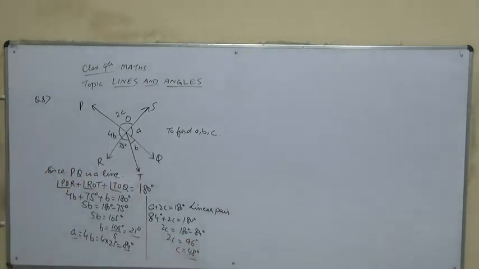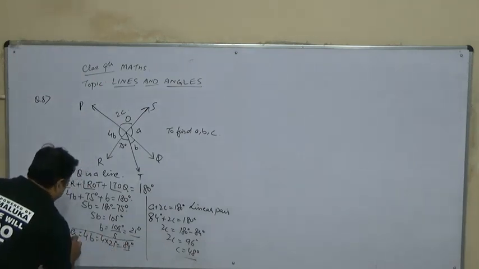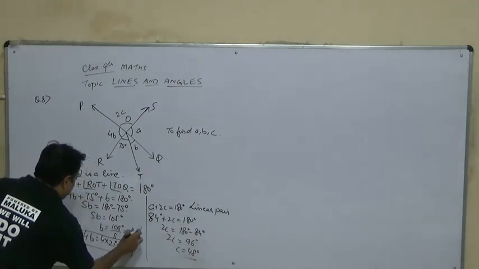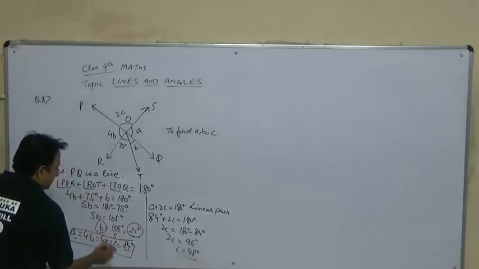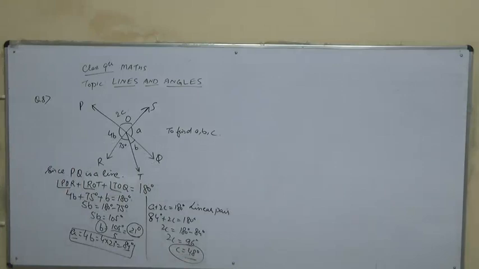So now we have found the values: A is 84 degrees, B is 21 and C is 48. We found this from this figure.